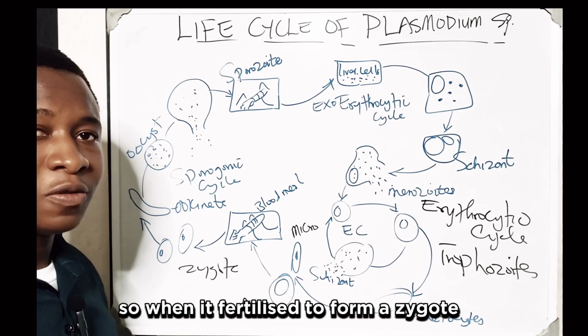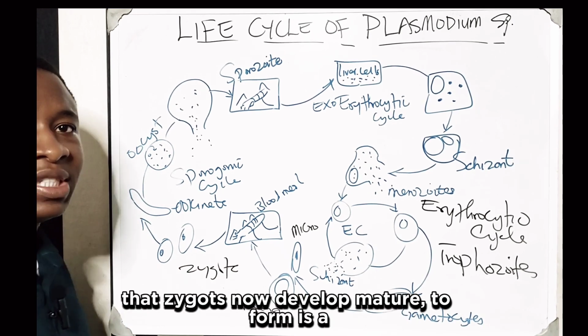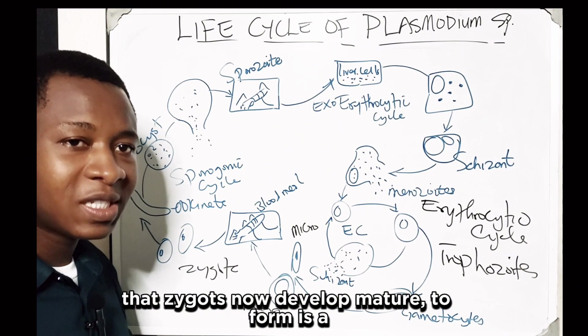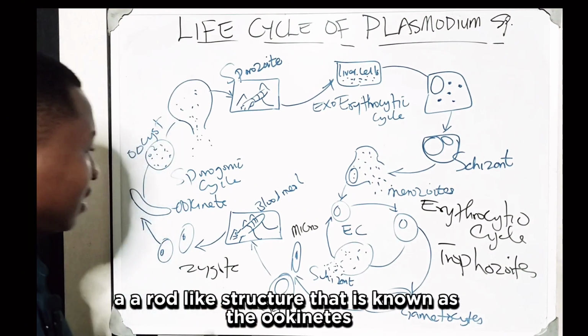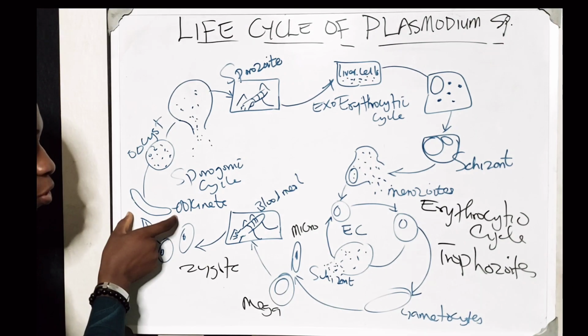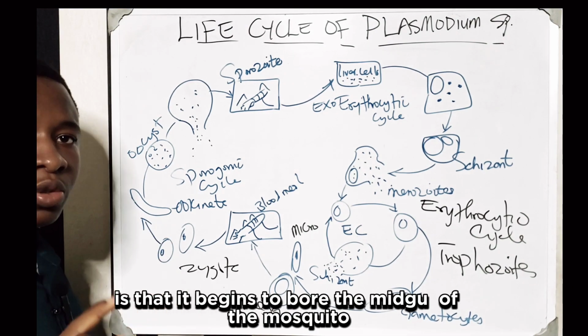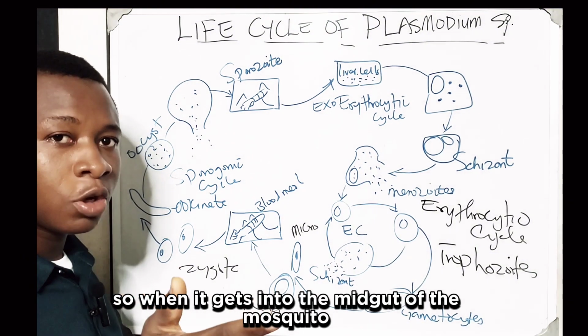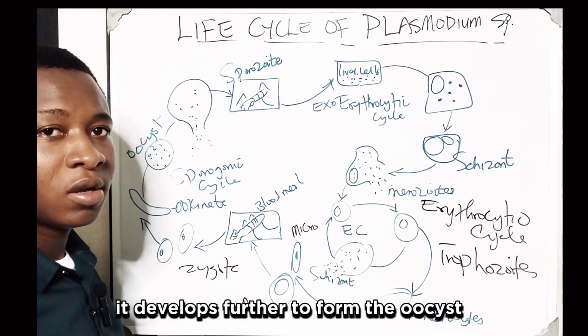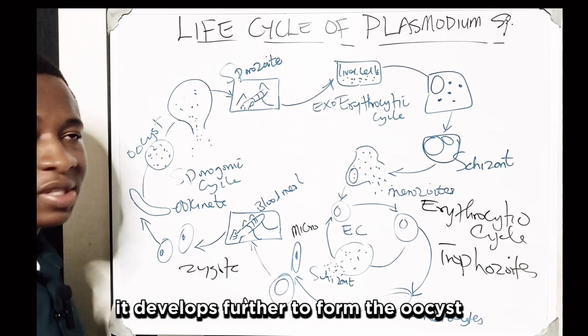When it fertilizes to form a zygote, that zygote develops and matures to form a rod-like structure that is known as the ookinete. This structure begins to bore through the midgut of the mosquito. When it gets into the midgut, it develops further to form the oocyst.